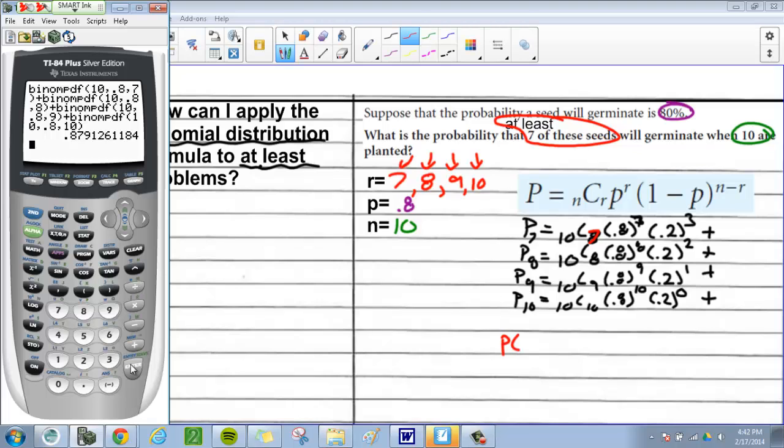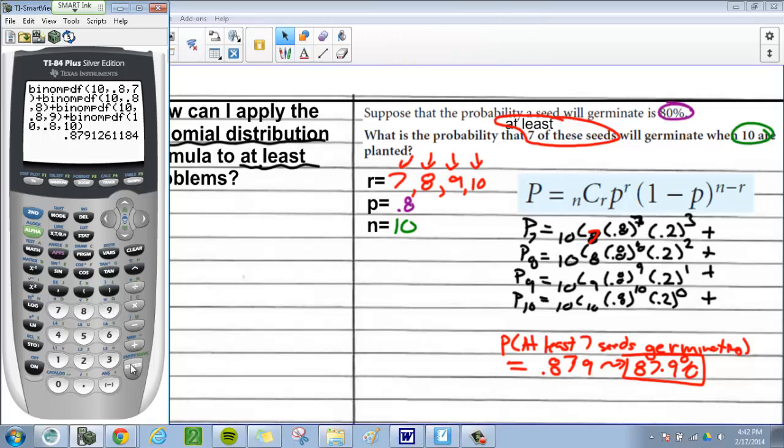So the probability of at least 7 seeds germinating, not hatching, germinating, that's the word, is equal to 0.879, or 87.9%. That's a pretty good chance that you get 7, 8, 9, or 10 to come up. And that's how you solve a probability for at least scenarios.